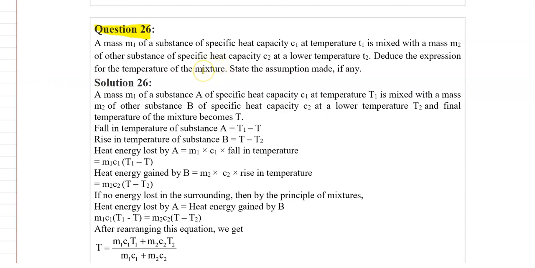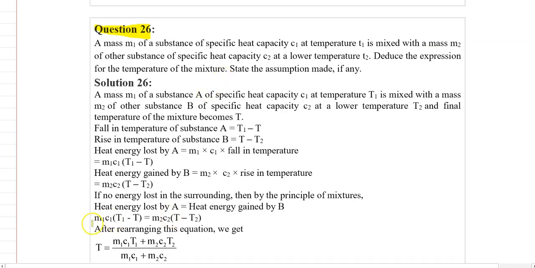We have to find the temperature of the mixture. That means the hot body loses some heat, and this heat energy is gained by the cold body, and then both reach a final temperature. We have only one relation: heat energy lost by the hot body equals heat energy gained by the cold body.